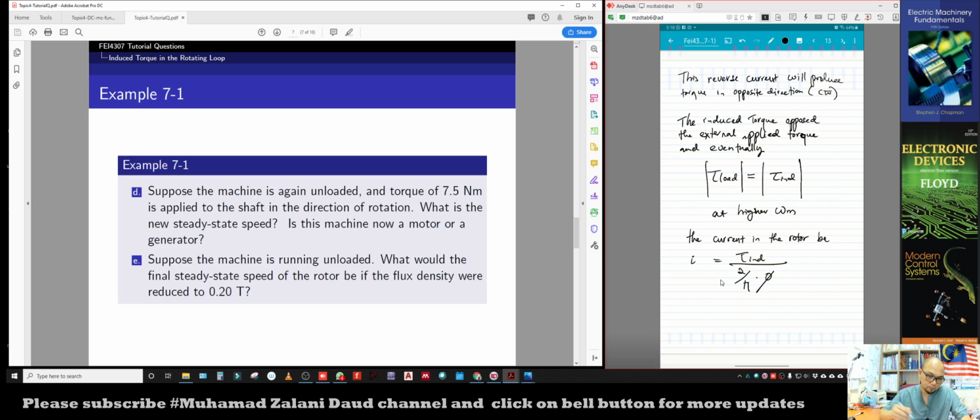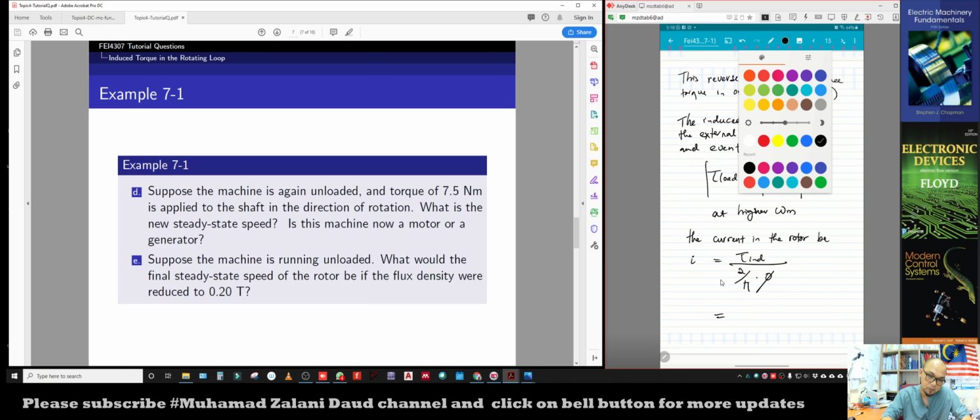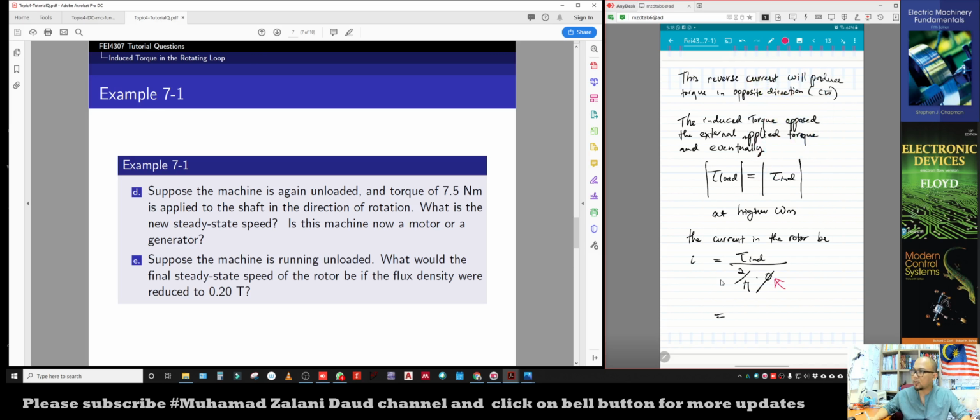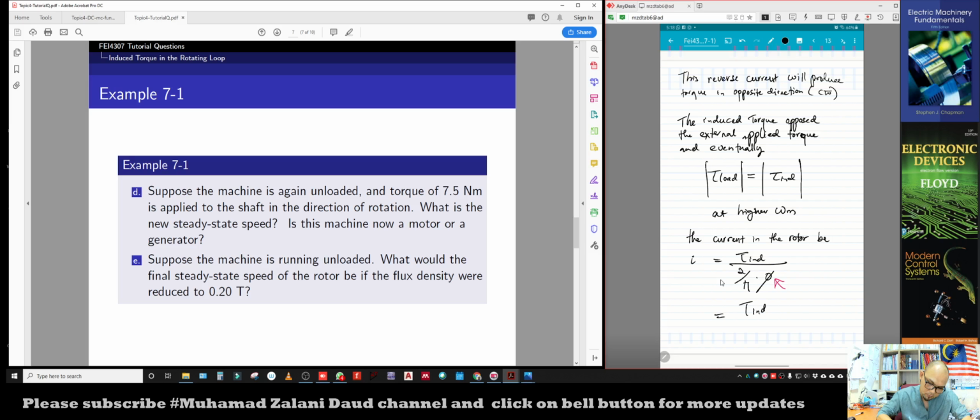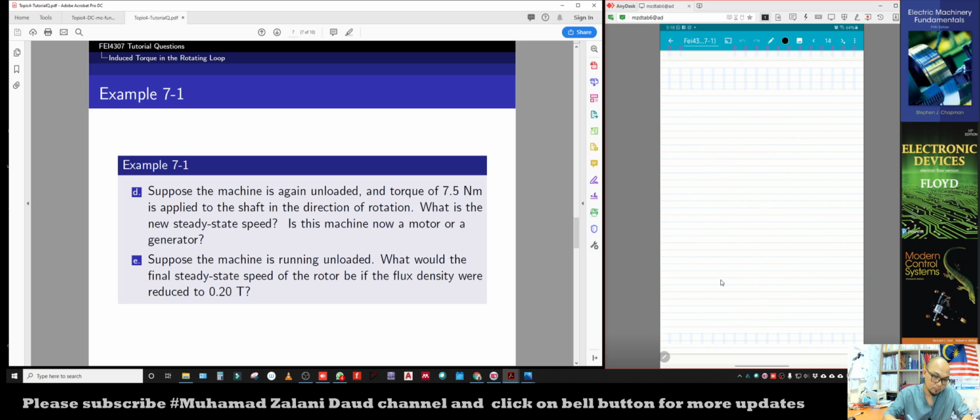We can further substitute the value of phi here. Then finally we get the current as torque induced divided by 2RLB.